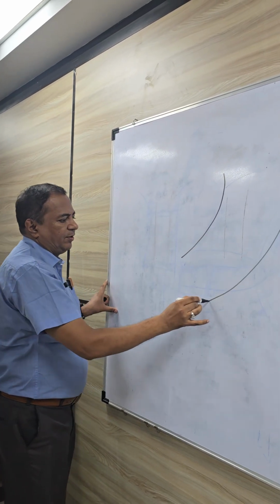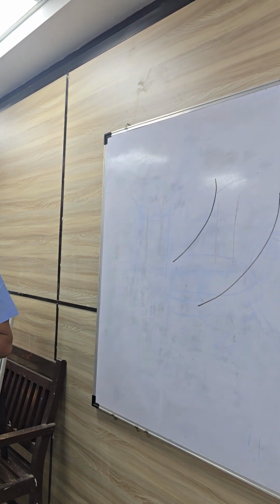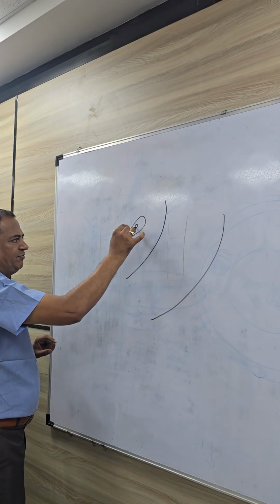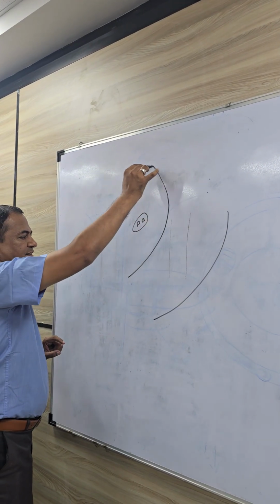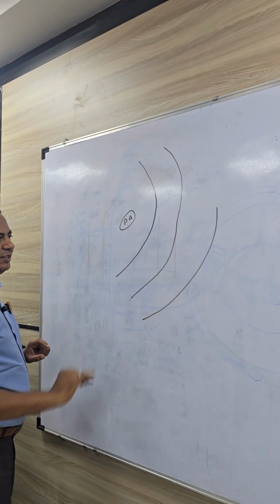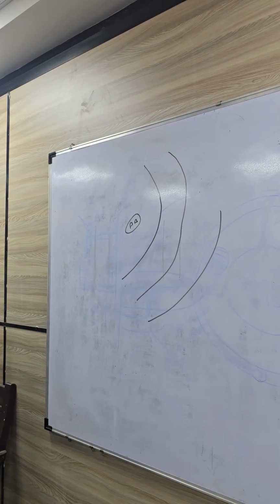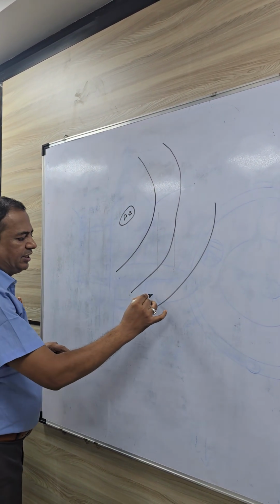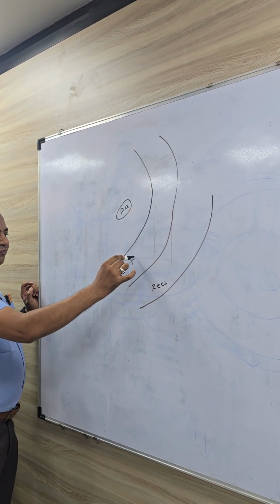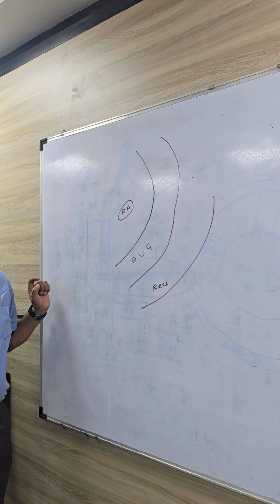This is how the primitive cloaca is. Here is the pubic symphysis. This will be divided by the urorectal septum into two parts. The posterior part is the rectum and the anterior part is the primitive urogenital sinus.